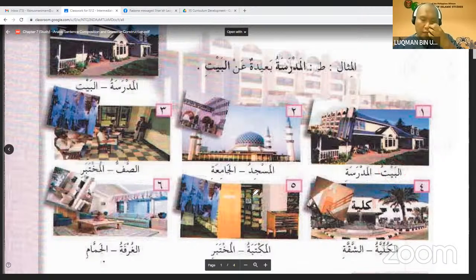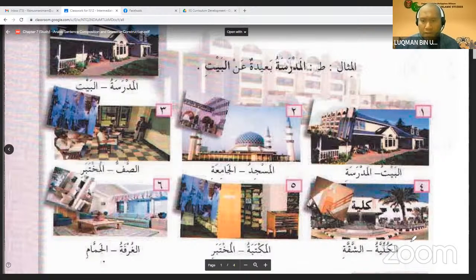Same with al-masjid, which is also masculine, so of course you have to remove the ta marbuta. Al-masjidu ba'idun anil jami'ati. The masjid is far from the university. As-saffu ba'idun anil mukhtabari. The classroom is far from the laboratory, and so on and so forth.